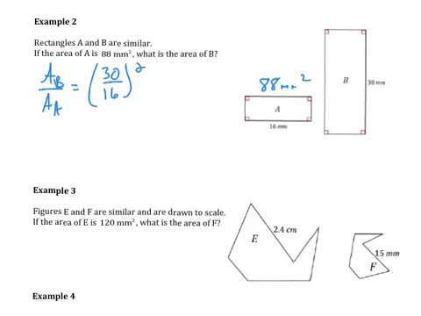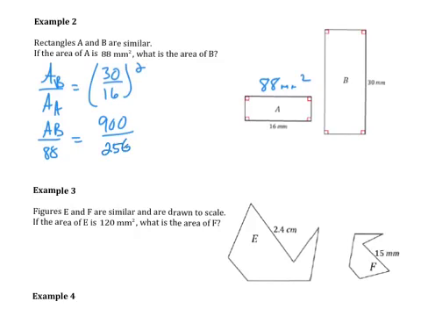So if I want to get from one to the other, I know area A is 88, so the area of B over 88 is going to be equal to, when I square the 30 and the 16, 30 squared is going to be 900, and 16 squared, I have to remember what that is. Alright, 16 squared is 256.